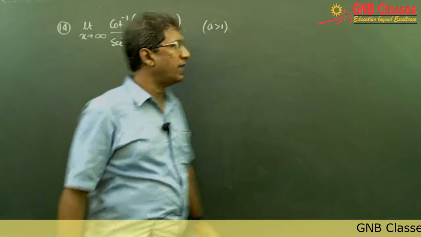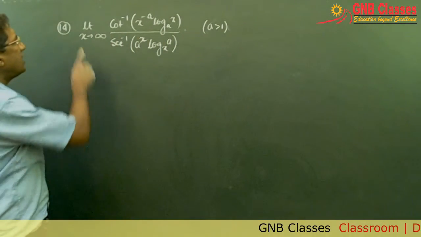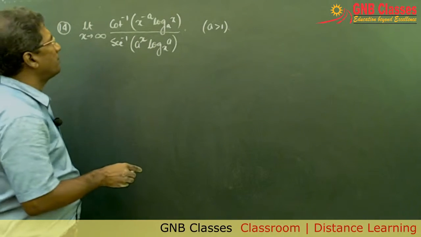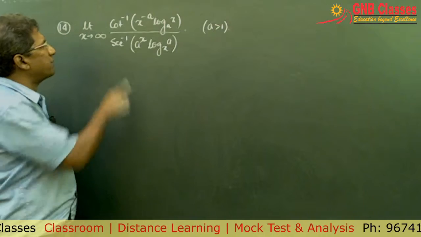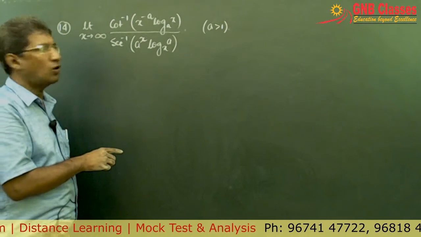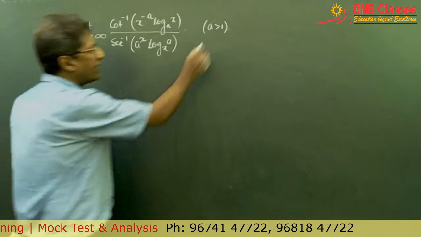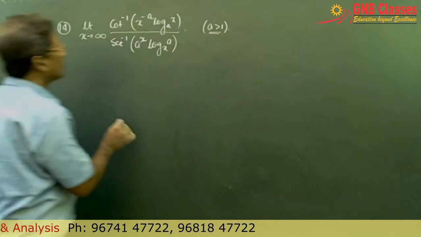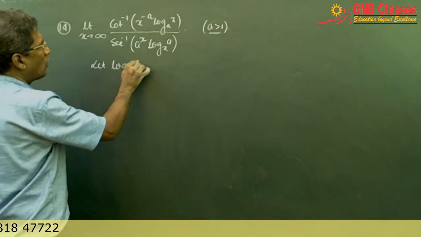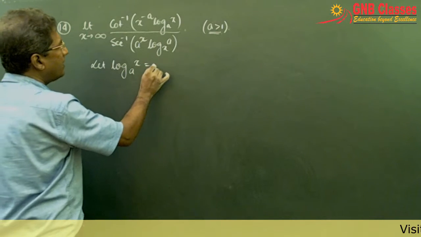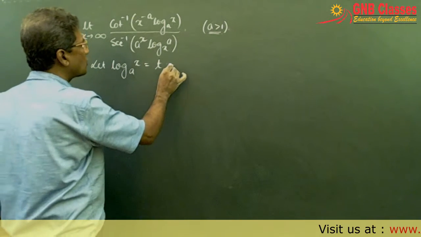In question number 14, they have given limit x tends to infinity, cot inverse of x to the power minus a log x base a, divided by sec inverse of a to the power x log a base x, where a is greater than 0. So let log x base a equal t. So that implies what?